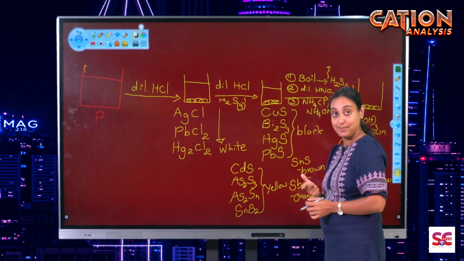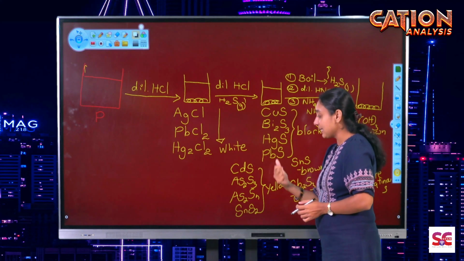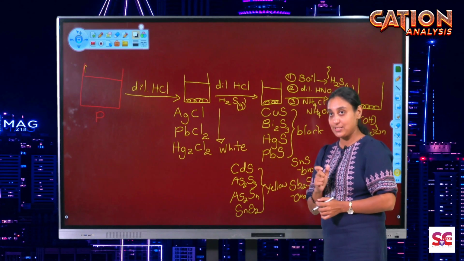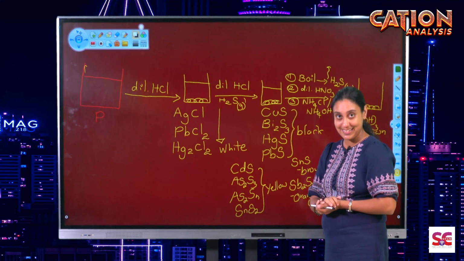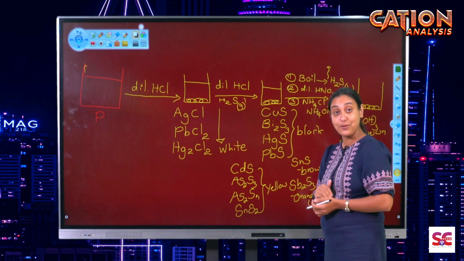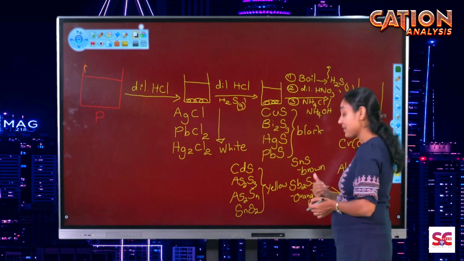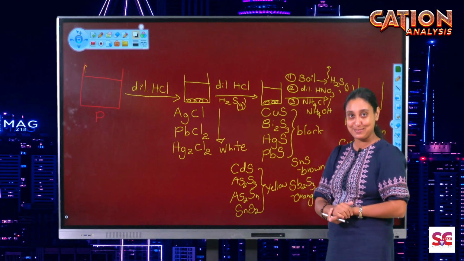Those are black color precipitates. CdS, As2S3, As2S5 and SnS2 are yellow color precipitates and SnS brown color precipitate. Antimony sulfide is orange color precipitate.